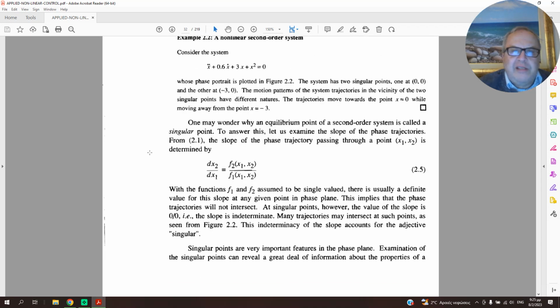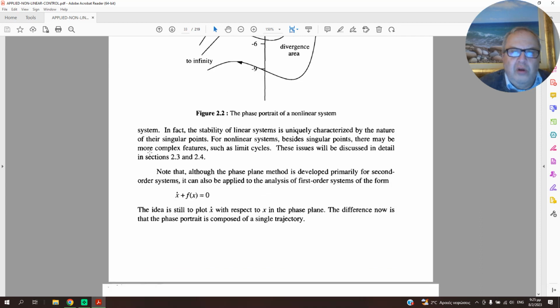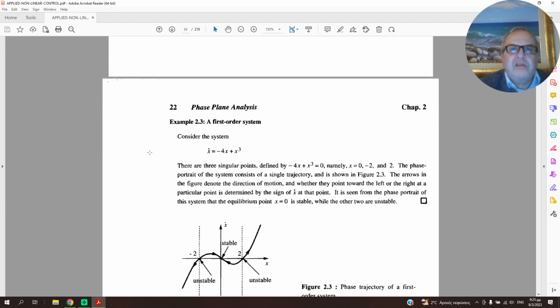So singular points here are also called equilibrium points. Okay, equilibrium points.